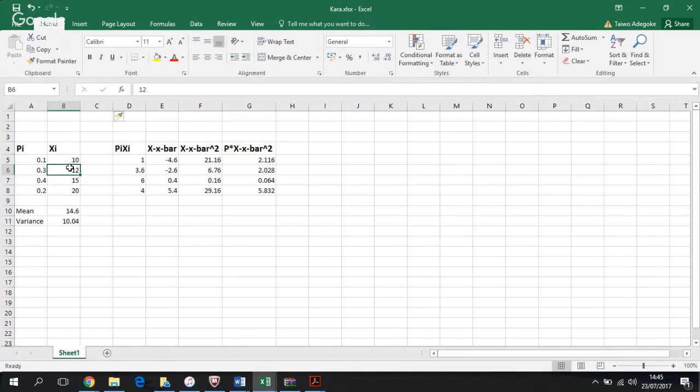We have 10, we have 12, we have 15, we have 10. These are the values of x. Because we are dealing with expected value, E of x, the reason for an expected value is that we have different values, so we have to take an average of all of them.